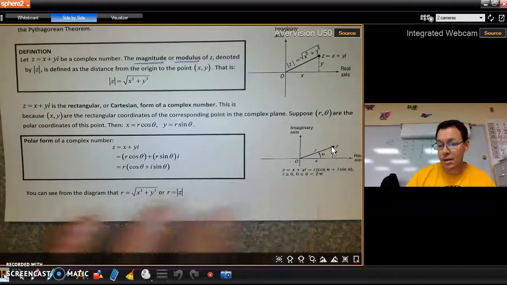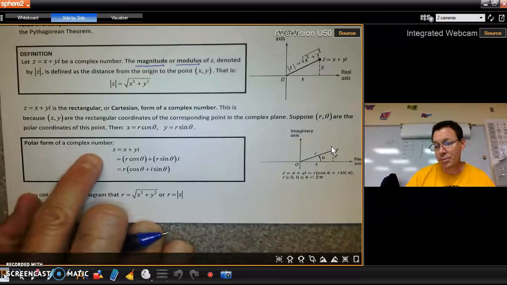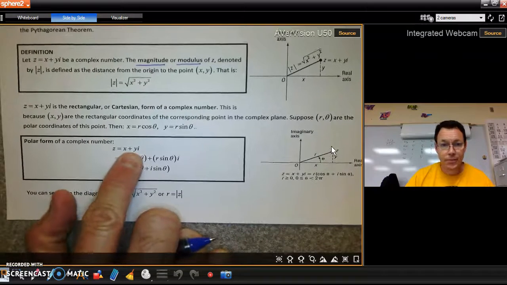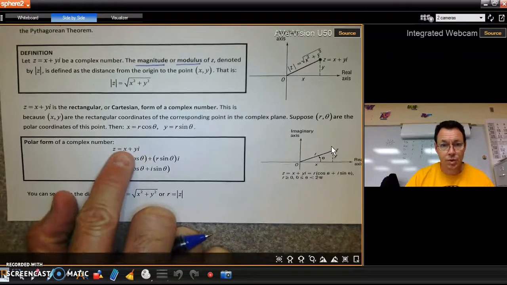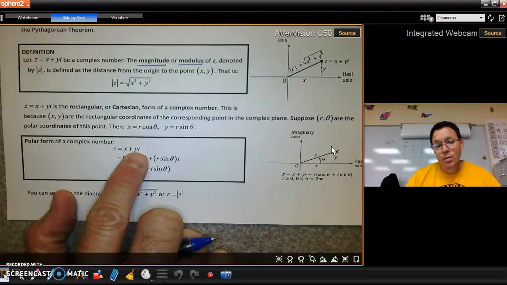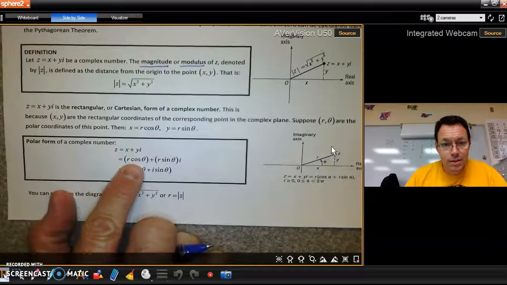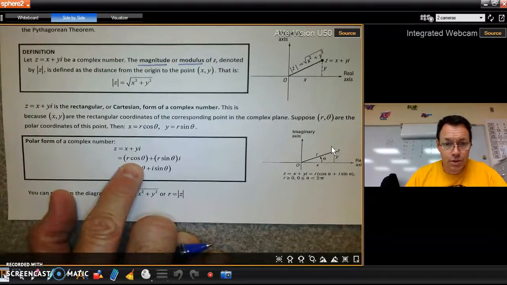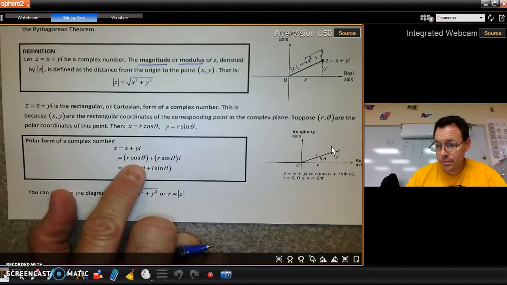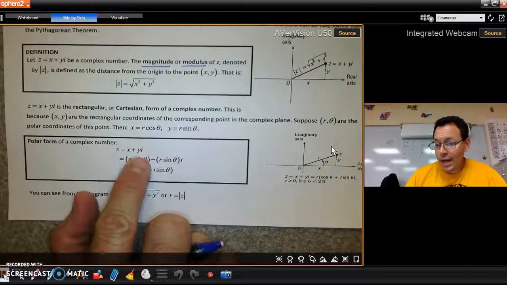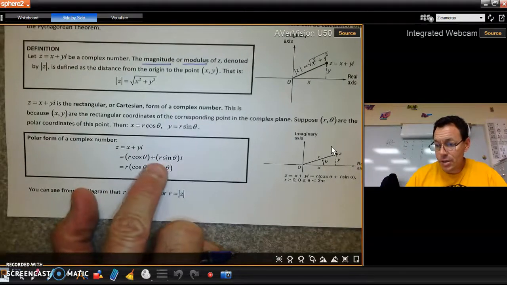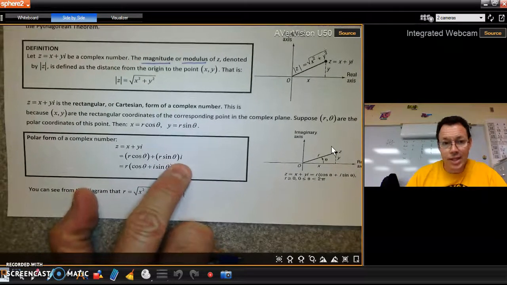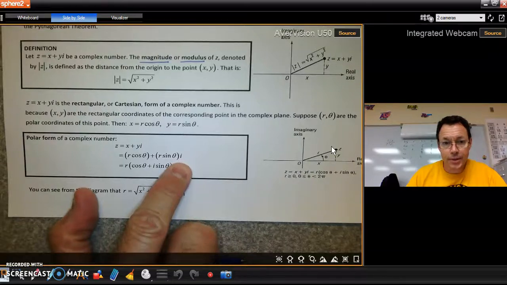Okay, so down here, here's the polar form of a complex number. So here's a complex number, x plus yi. That's the real part, that's the imaginary part. Well, x is r cosine theta, so we're just going to replace x with that symbol. y is r sine theta, so you'll see r sine theta, and then there's the i, because this is the imaginary part.